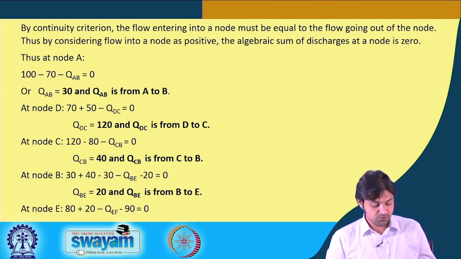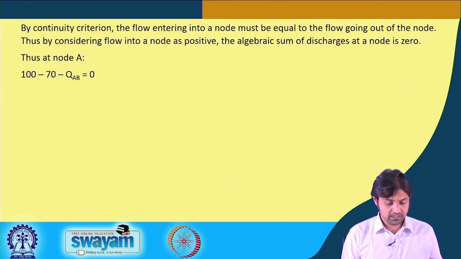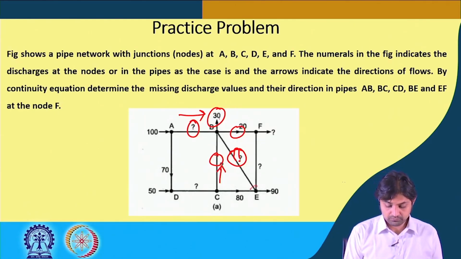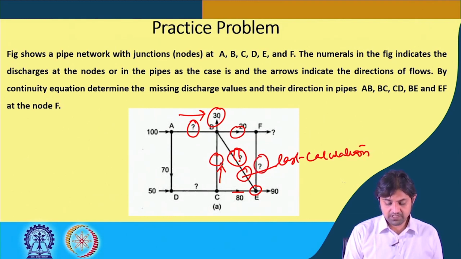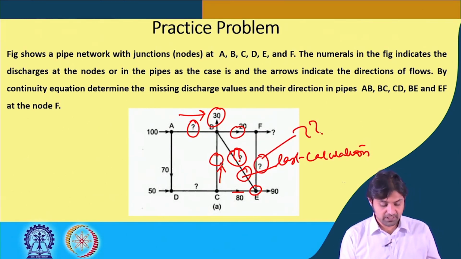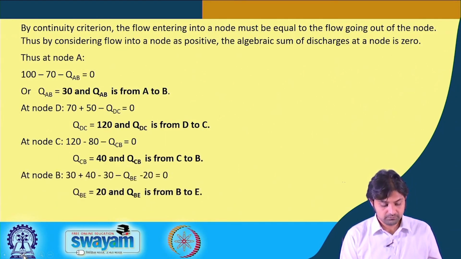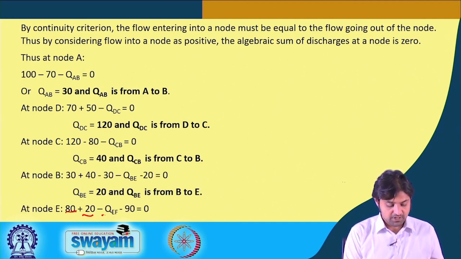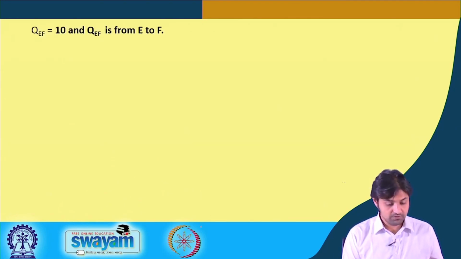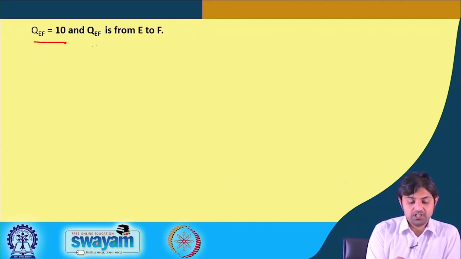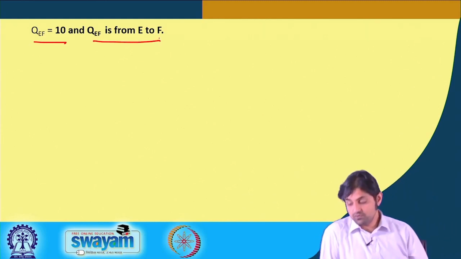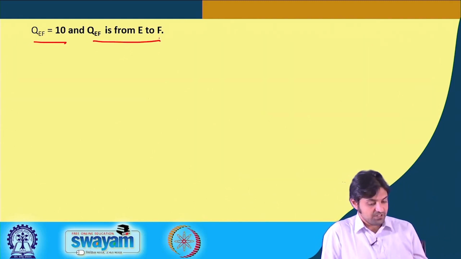And finally at node E, if we go back again to node E, right, this we know, this we know, and this is also known from our last calculation. This is the one that we need to calculate now. So only one unknown is there. So 80 plus 20 minus QEF minus 90 is equal to 0, and this gives us QEF is equal to 10 and QEF is from E to F. Alright.